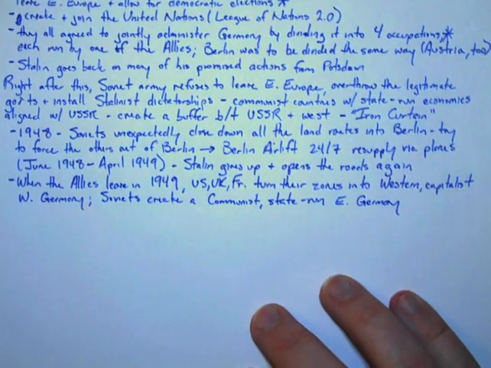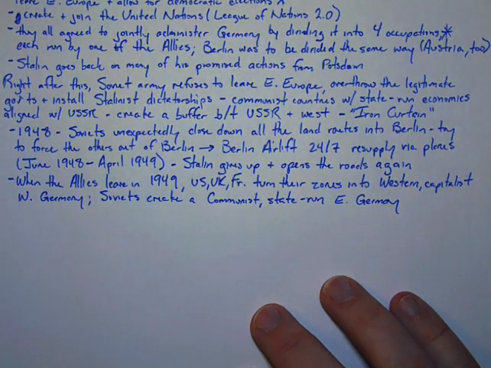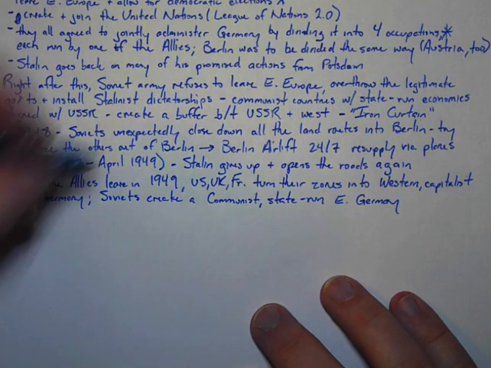Now, the problem here is with Berlin. Stalin was trying to get the Allies to leave Berlin so that he would have an intact Berlin as the capital of East Germany.